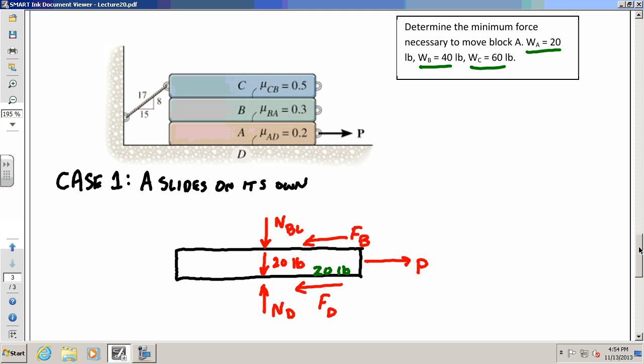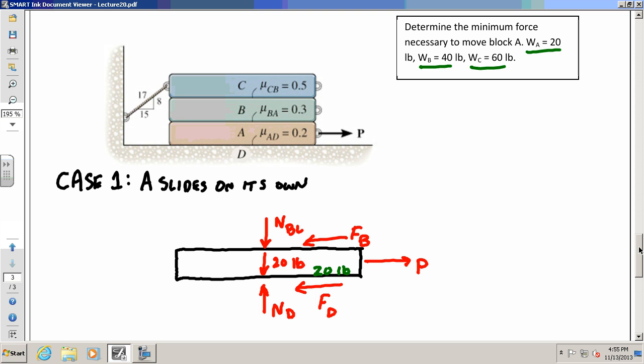See both those? So this is getting complicated. You've got two different frictions. Now, if A slides on its own, is it safe to assume that both FD and FB are at their maximum frictions? Yeah, because it slides out.